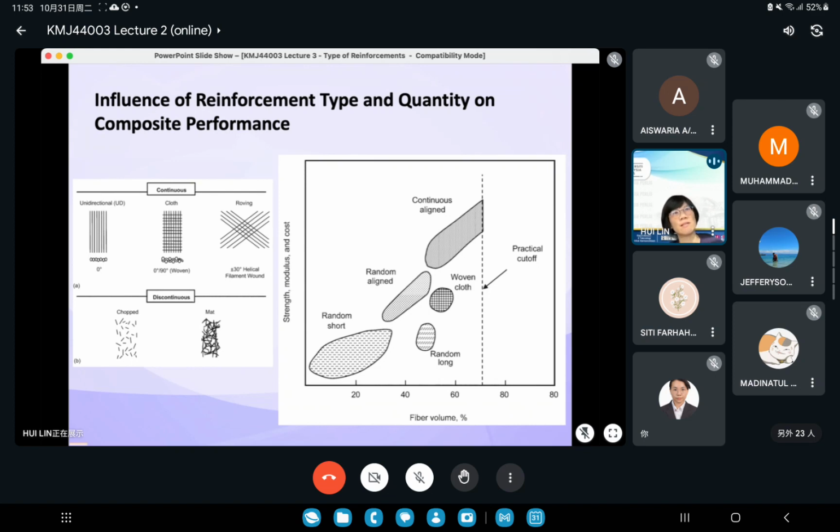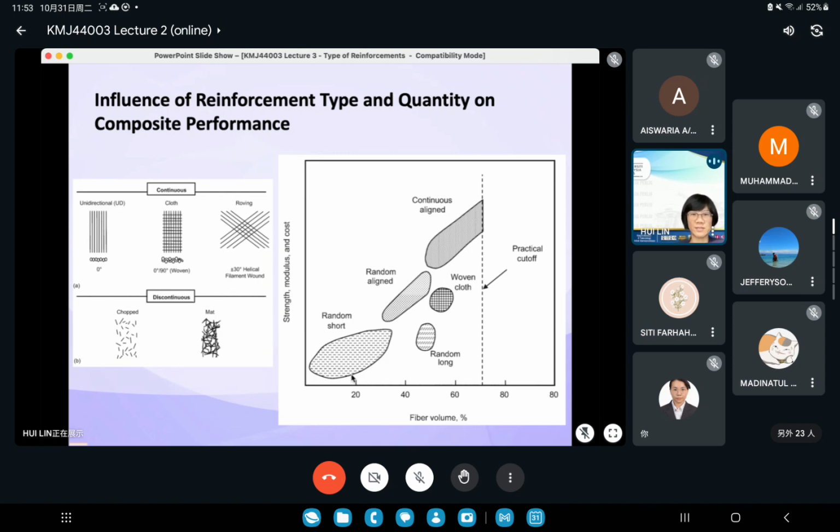I'm not going to do much on this. The arrangement of the fiber is one of the factors, and of course whether the fiber is short or long also influences the property of the composite, and the types of fibers.